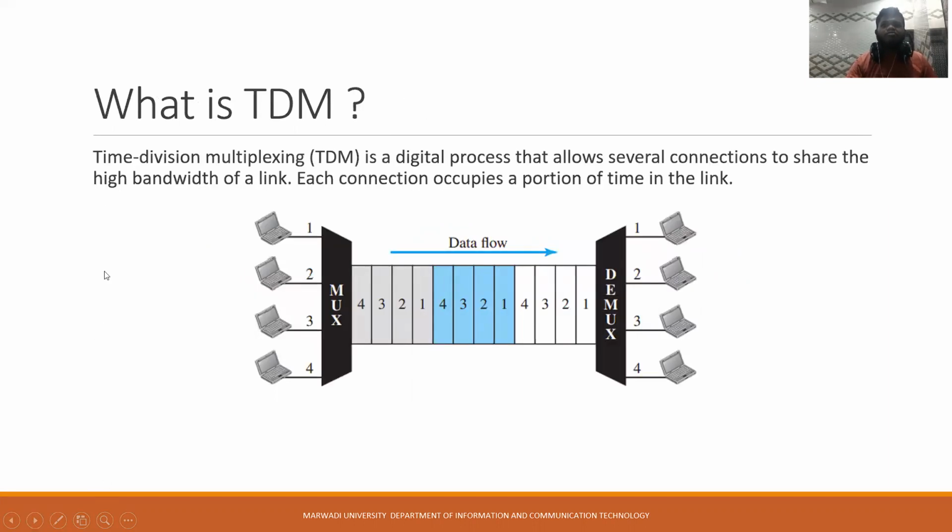So what is time division multiplexing? At different times, we have different samples of the data which are sent over the cable. Here we have laptops 1, 2, 3 and 4 connected, and the same on the other side. The data sent by 1 should be received at 1, data sent by 2 should be received at 2, data sent by 3 should be received at 3, and so on.